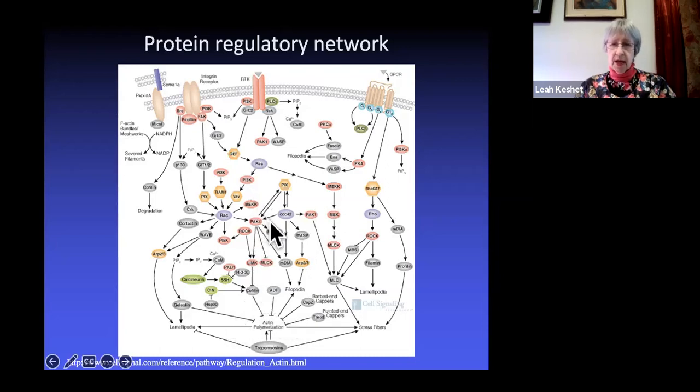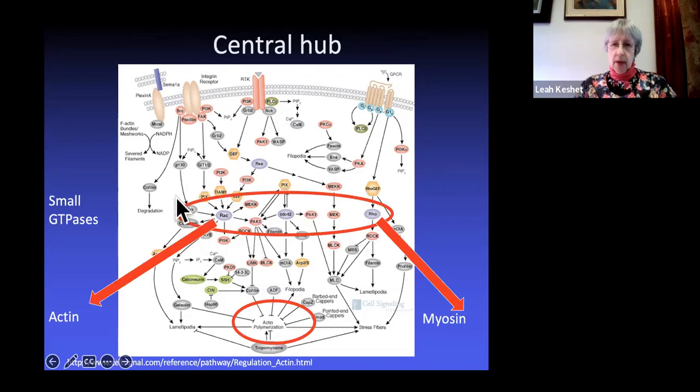I'm going to focus attention on a key signaling hub, which is called the small GTPases, because those are known to be the primary components that orchestrate the ability of the cell to polarize. There are several different kinds of so-called GTPases in this central hub, and some of them link directly to actin polymerization, and others activate the myosin motors.